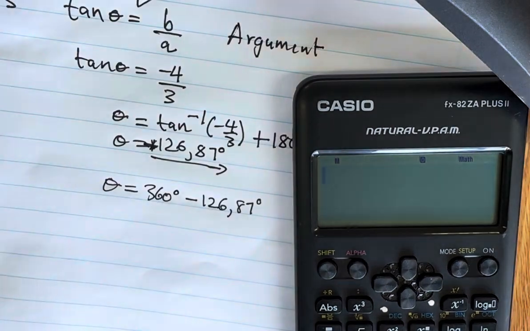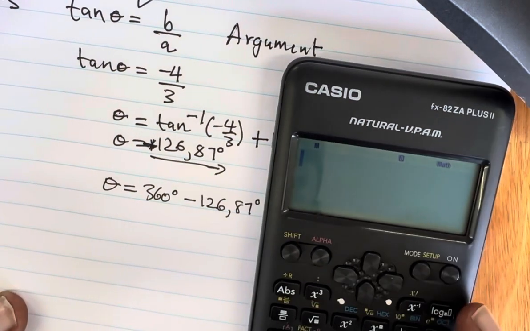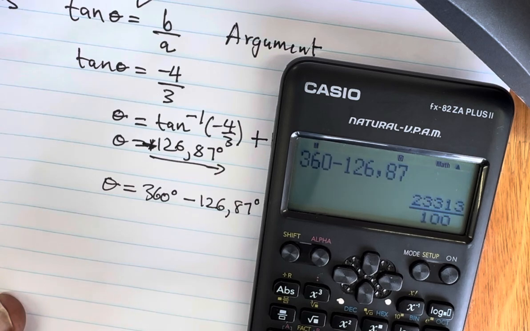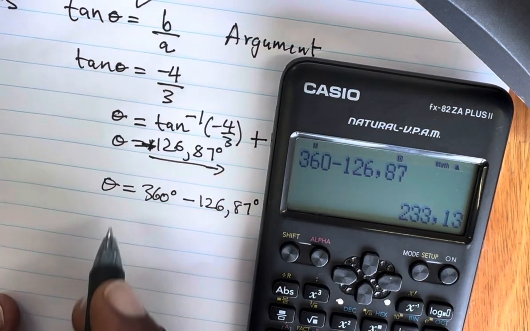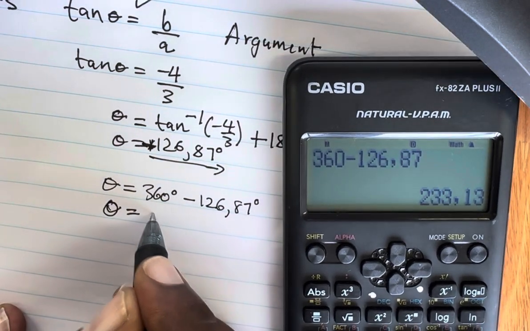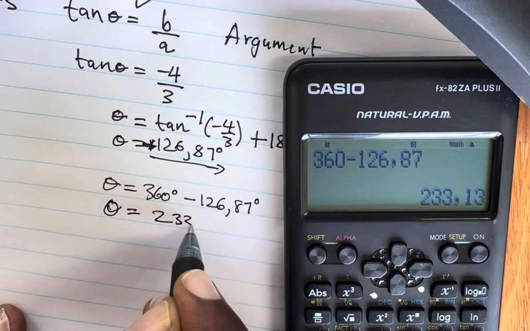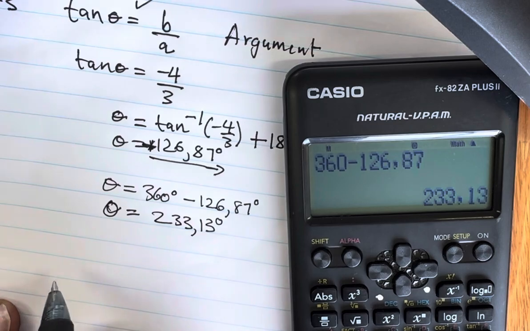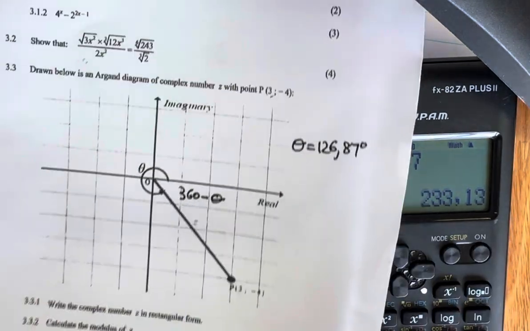So we are going to have 360 minus 126.87 equals our theta, which is 233.13 degrees.